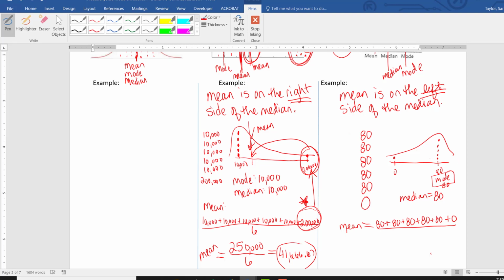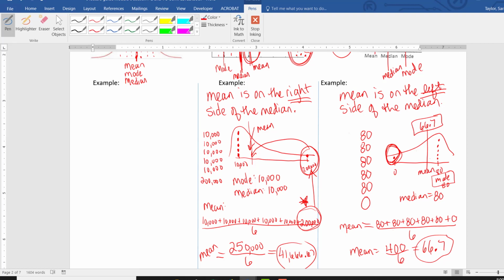We divide by the total number of data values, which is 6. So when I add them all up, I get 400, and I divide by the total number of data values, which is 6. I got a mean of 66.7. So again, you see the mean is here at 66.7. It's lower than the median. That left data value down here pulls the mean to the left.